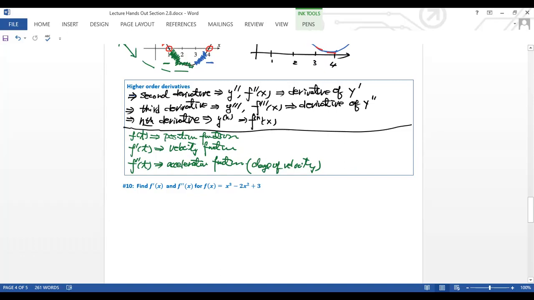Very interesting is the third derivative of f of t.